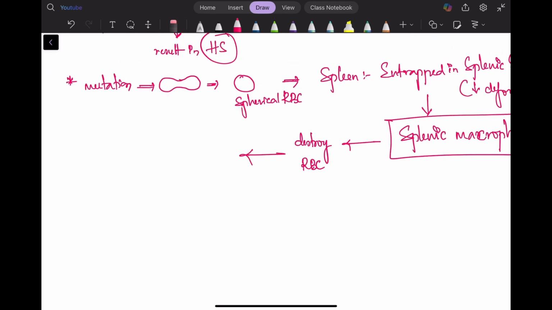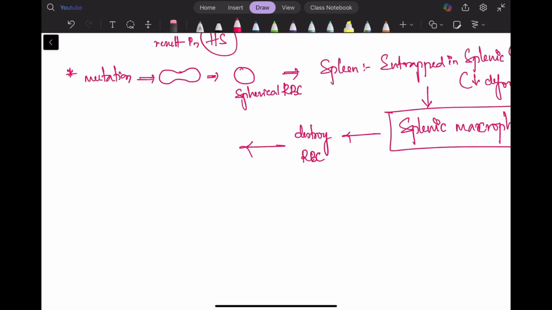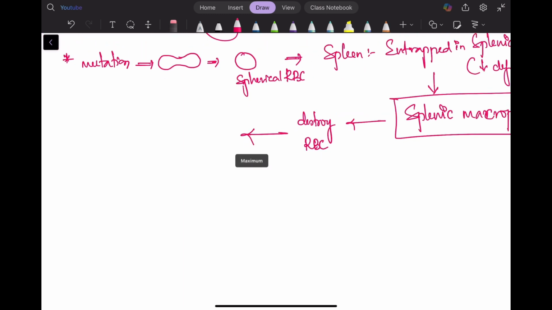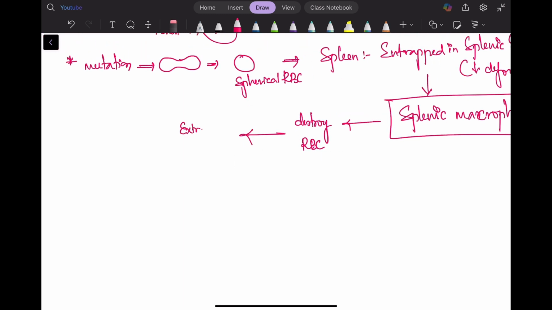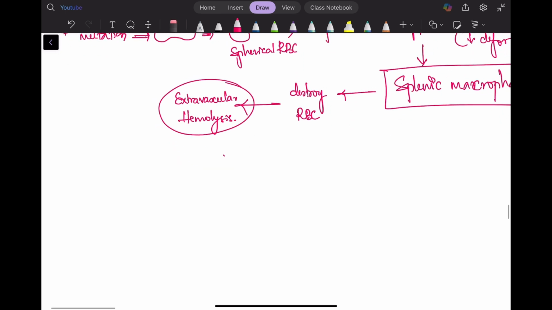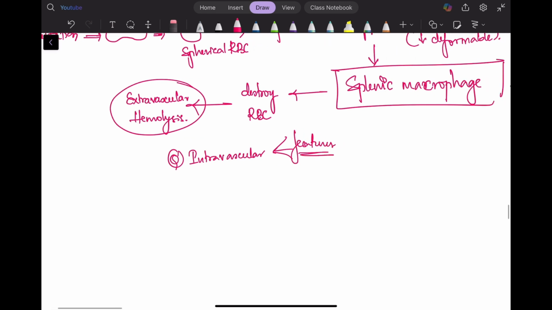Then what happens? I discussed, if the hemolysis takes place in the spleen, that is called extravascular hemolysis. And what is the other one other than extravascular? That is intravascular. Features, you remember, right?